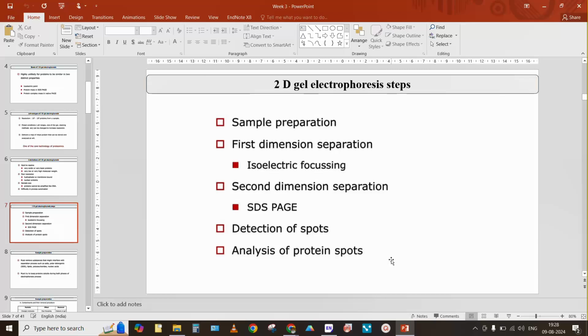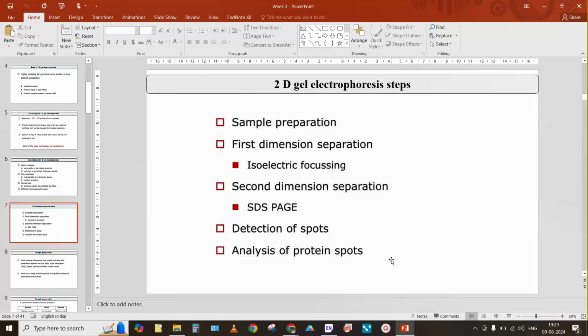The second one is first dimension separation. Here there is one term called IPG, which stands for immobilized pH gradient. In further classes I'll use that term IPG. First, the rehydration of IPG strips. Strips are rehydrated in a solution containing the protein sample.